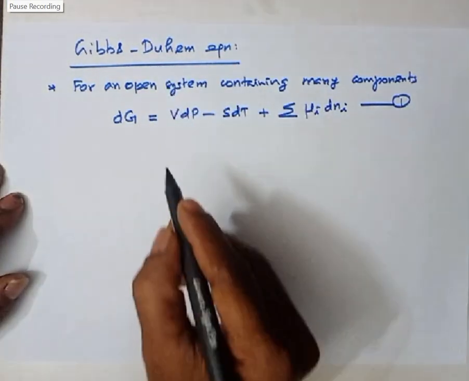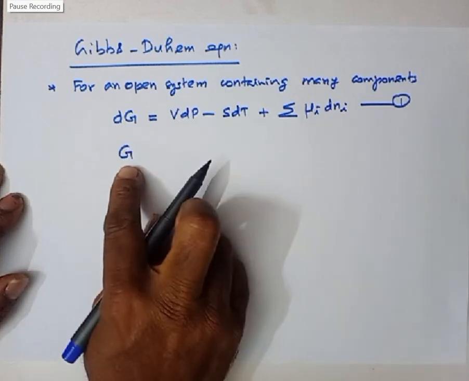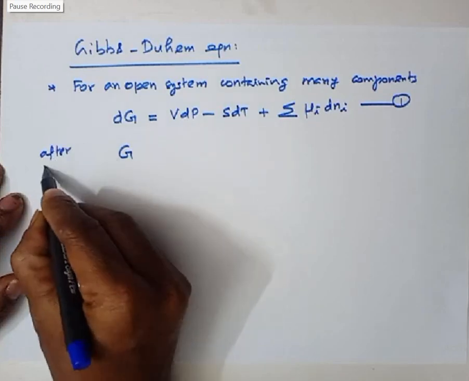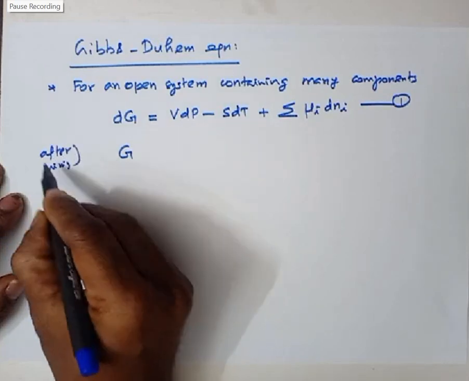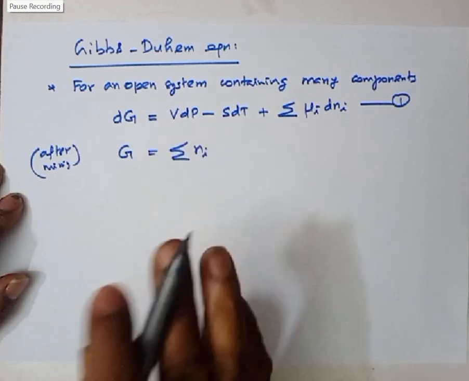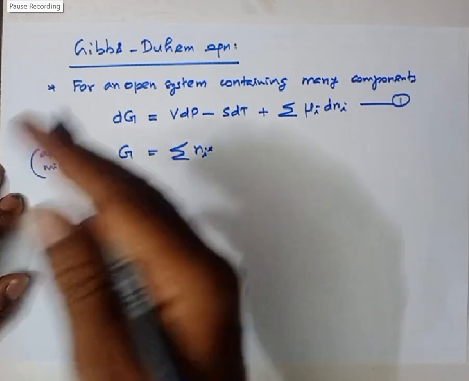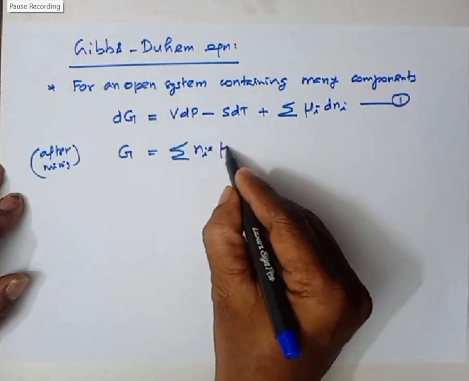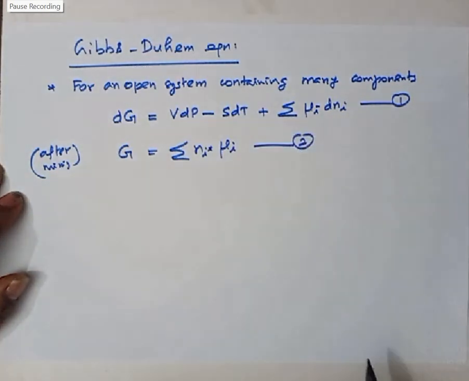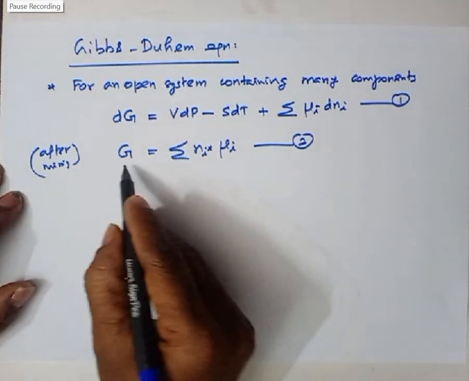We also know that the total Gibbs free energy after mixing is equal to the summation of the number of moles of each component into the partial molar Gibbs free energy of the ith component, which is the chemical potential of the ith component. I'll take this as equation number 2. Now I'll differentiate this.